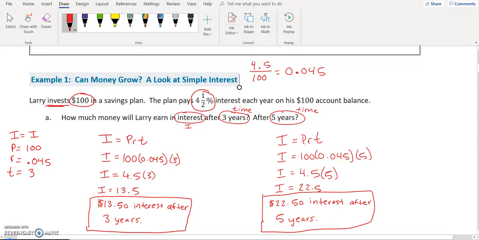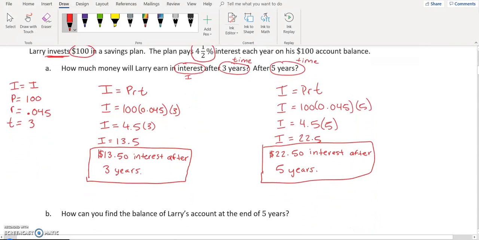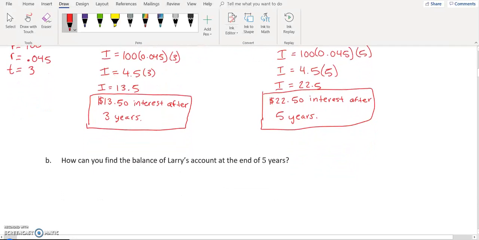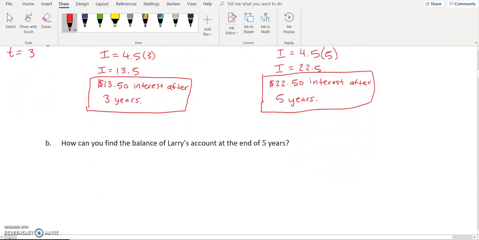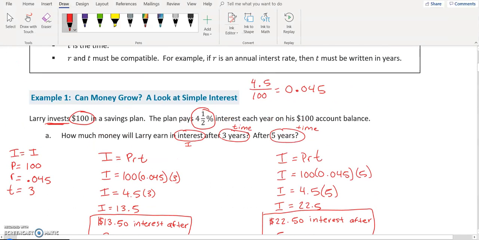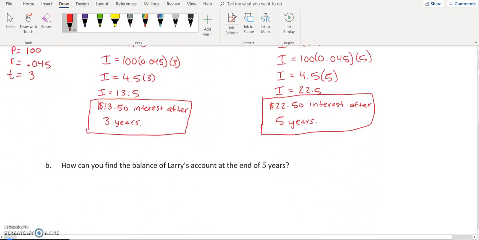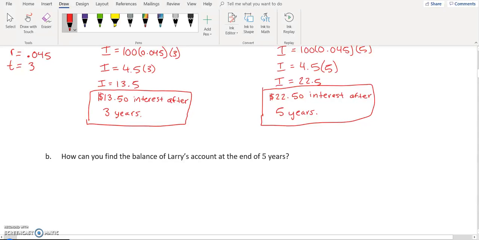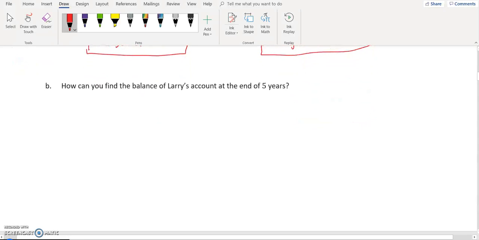Okay, did we do everything? Yes. After 3 years, after 5 years, got both my answers. 2 boxes, perfect. Okay, so I'm going to keep going. Part B, how can you find the balance of Larry's account at the end of 5 years? So if we look back up there, it says that he had a $100 account balance. So what would you do?